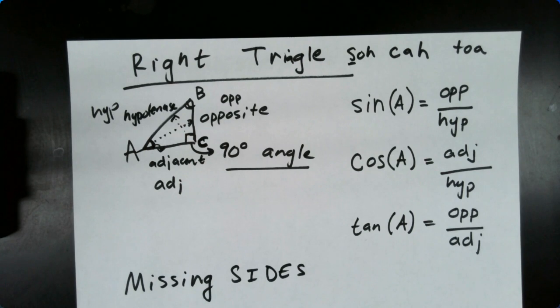We'll turn in this worksheet this week, and then next week we're going to do one more practice of this. We're going to use the same information that we learned last time to find the missing sides.